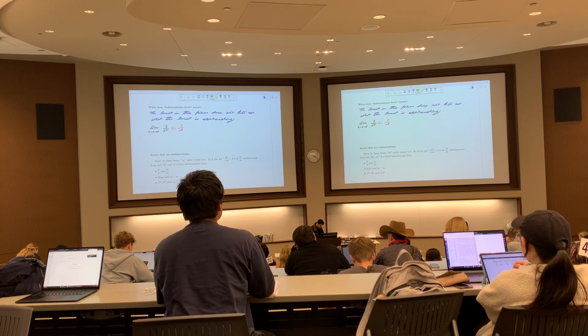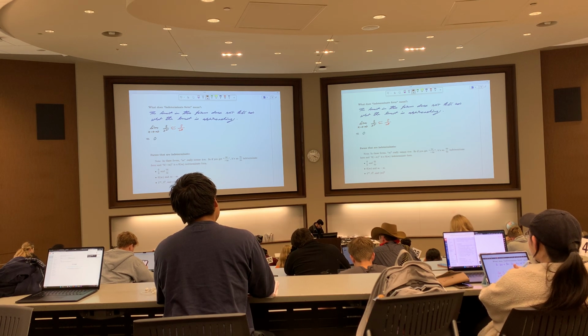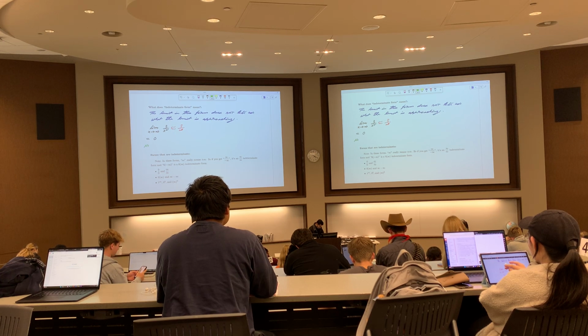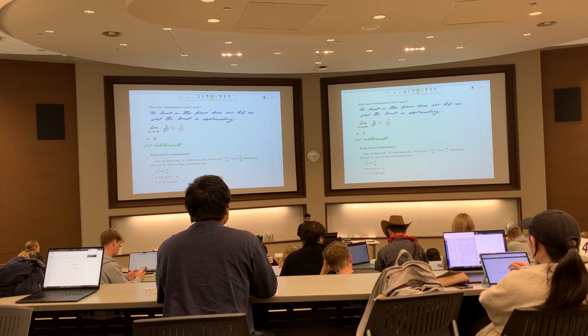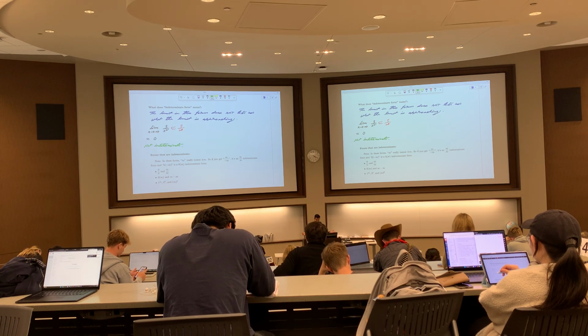So I know for sure that a constant over infinity is 0. So this is not indeterminate, because we have already determined the result, which is 0.